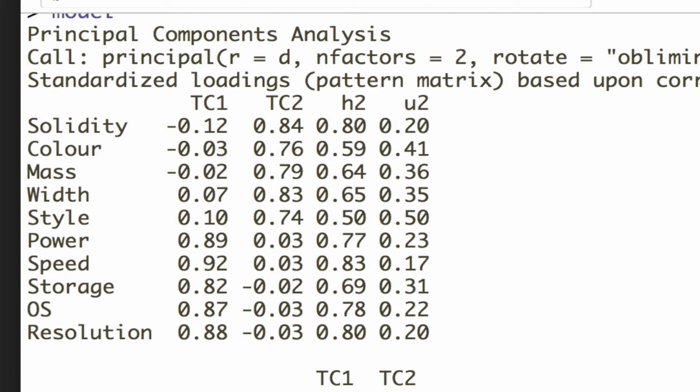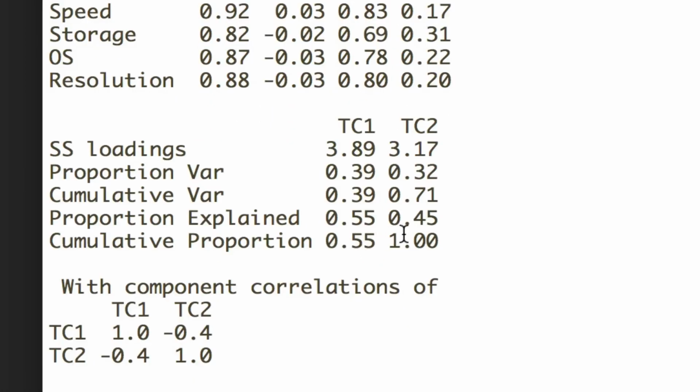So, two more important things to look at here are the proportion of variance explained. The first factor explains just marginally more of the variance in the data than the second factor, but altogether they explain a lot of the variance. These are percentages.